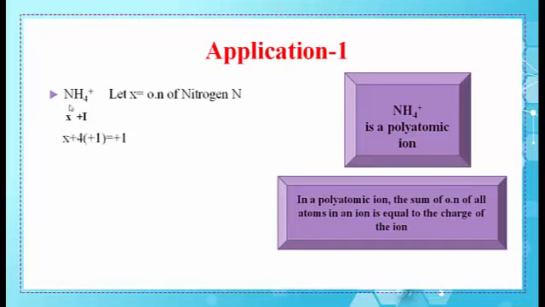Then we have only one nitrogen atom multiplied by its oxidation number, which is X, plus 4 hydrogen atoms multiplied by the oxidation number of hydrogen, which is +1, equal to the charge of the ion, which is +1. We find that X is equal to -3 and the oxidation number of nitrogen is -3.